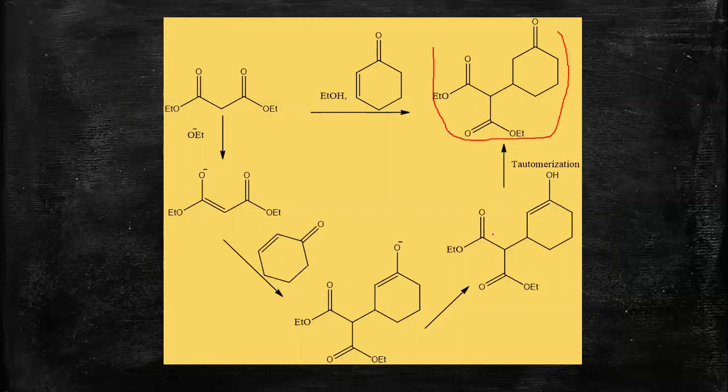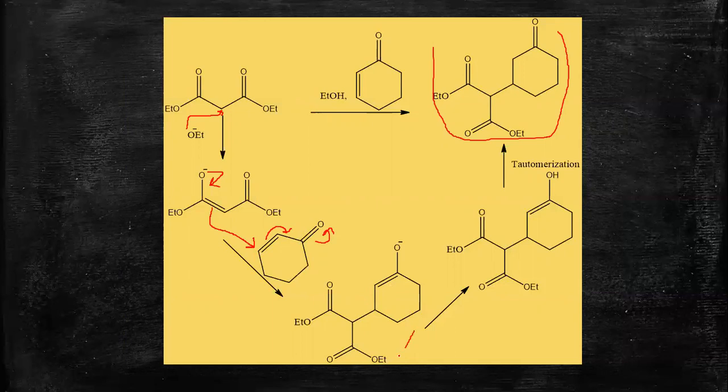By following this mechanism, enolate formation first occurs, like the base would attack here and convert it into the enolate, and after enolate formation, the enolate would attack again on the beta position to the carbonyl group. This is the beta carbon, and after shifting of bonds, we'll get this compound.